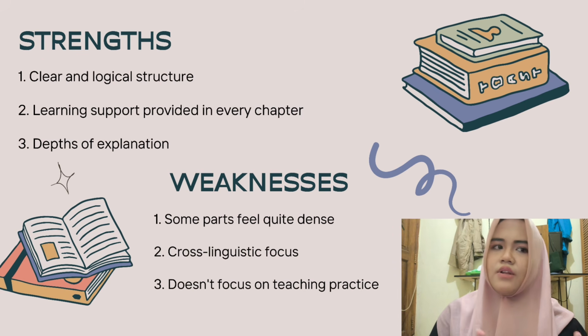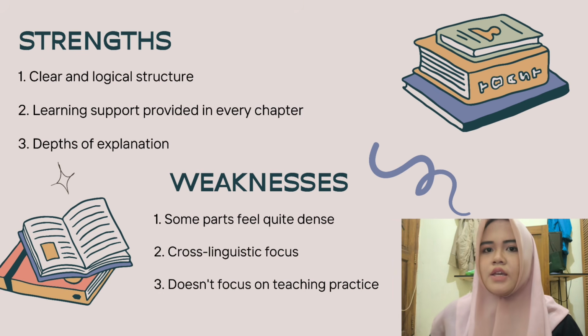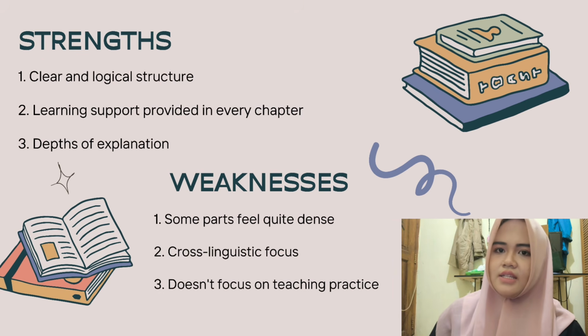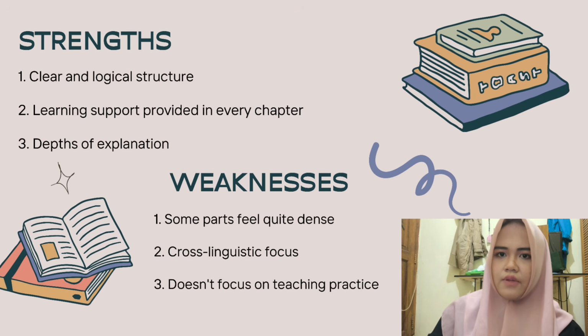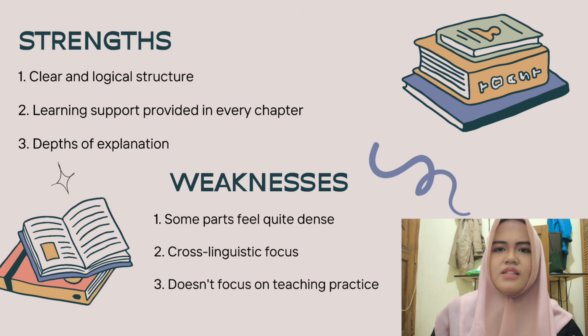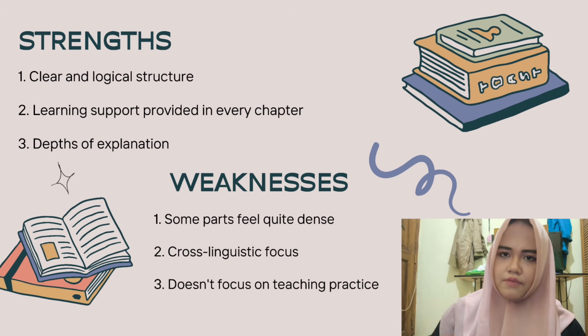While this is great for linguistics, it can feel less familiar if you're mainly focused on English learning. And then the third weakness is that it doesn't focus on teaching practice. The book explains linguistic theory very well, but it doesn't show how to apply it directly in classroom teaching. So for English education students, you still need to connect the theory to practice yourself.